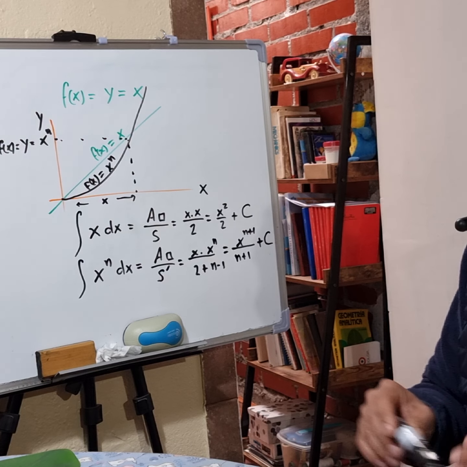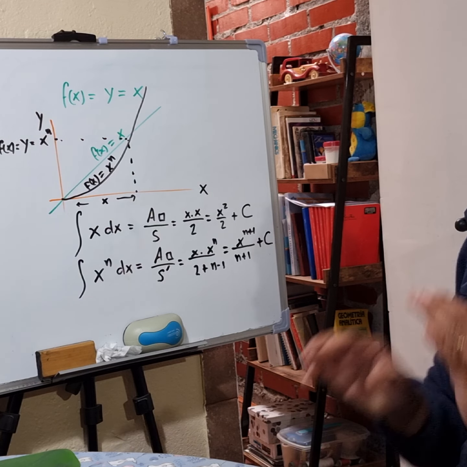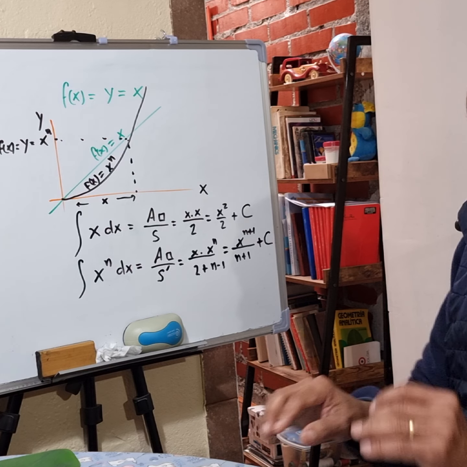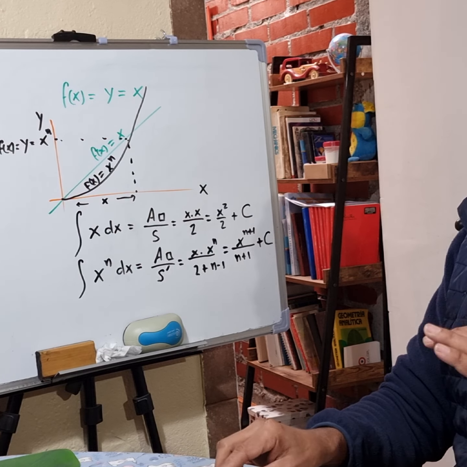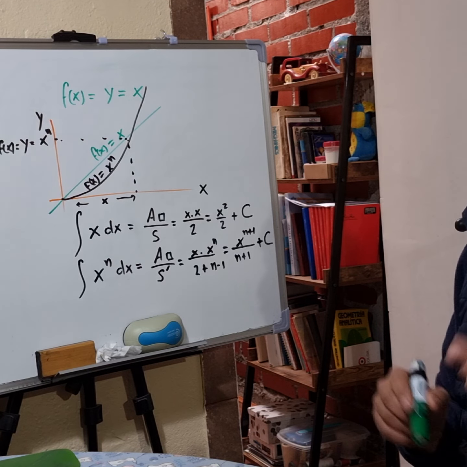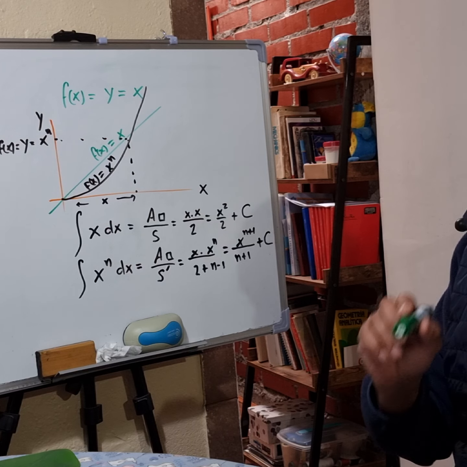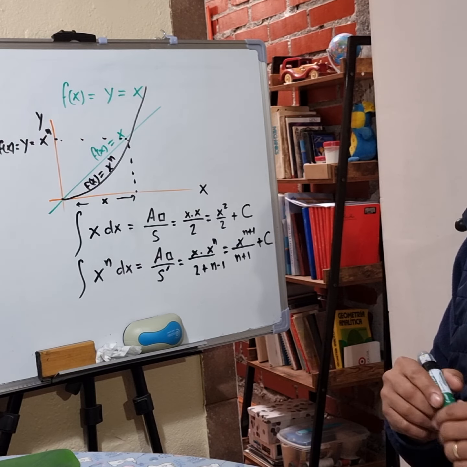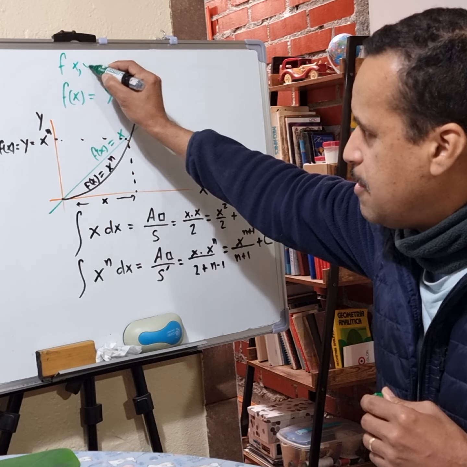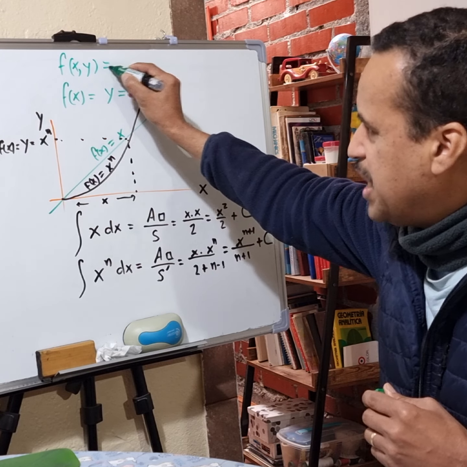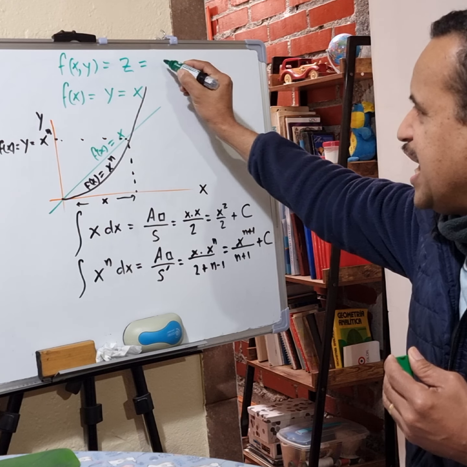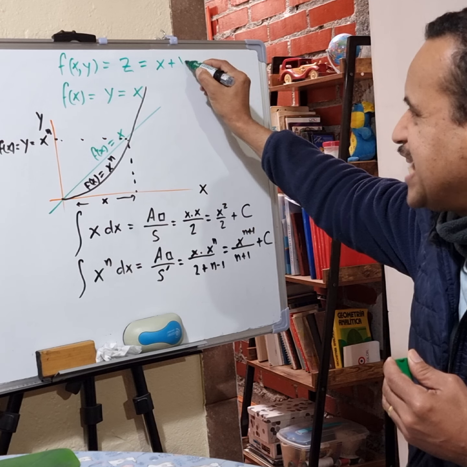Well, in the next video, we are going to use the same procedure to calculate our first primitive in three-dimensional space, of the identity function in three-dimensional space, where we are talking about f(s) with y equal z equal s plus y.